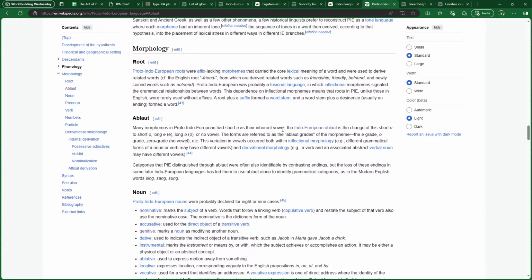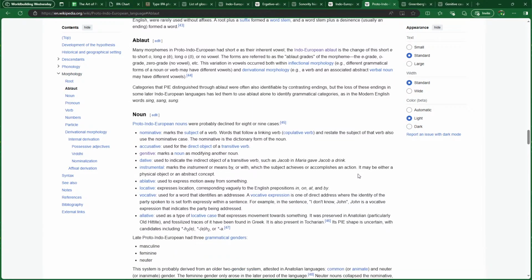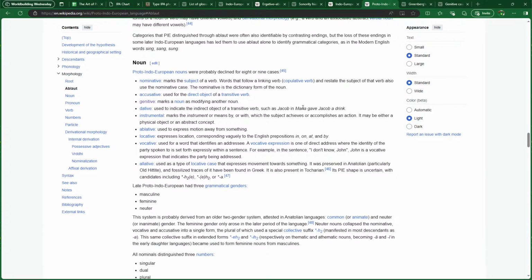Occurred both within inflectional morphology and derivational morphology. Okay. Contrasting endings, but the loss of these endings in some later languages has led to ablaut alone identifying grammatical categories, such as the modern English sing, sang, sung.